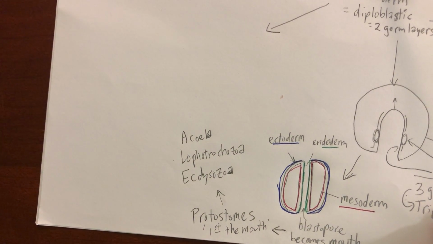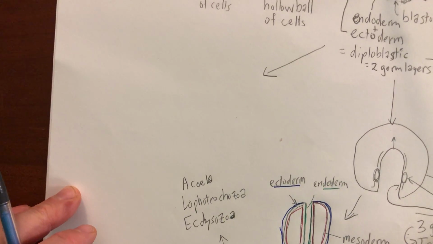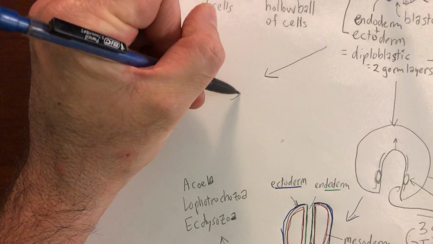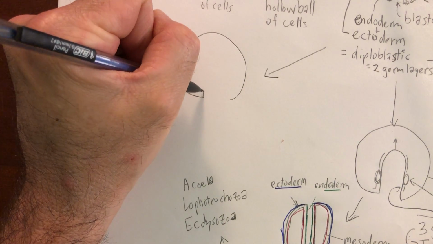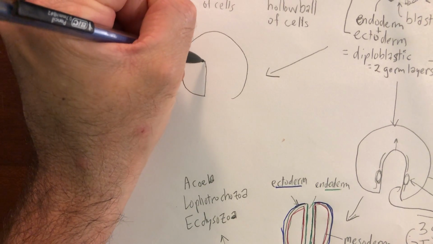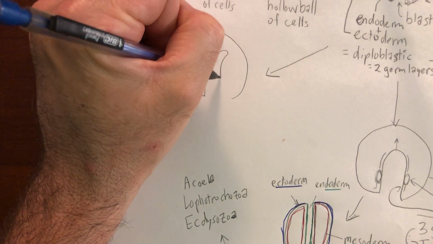So you might wonder, well, where am I in all of this? And the answer is we also are triploblastic, but we develop a little bit differently. And this is new information from the last time I made a video like this.